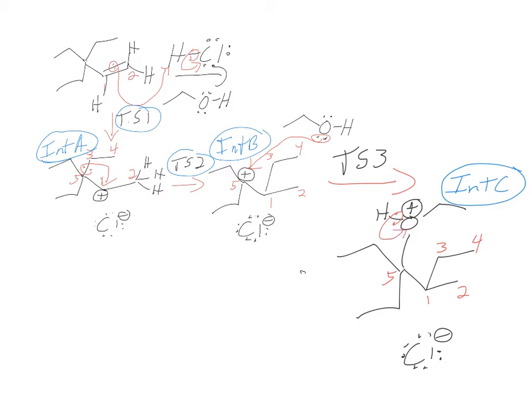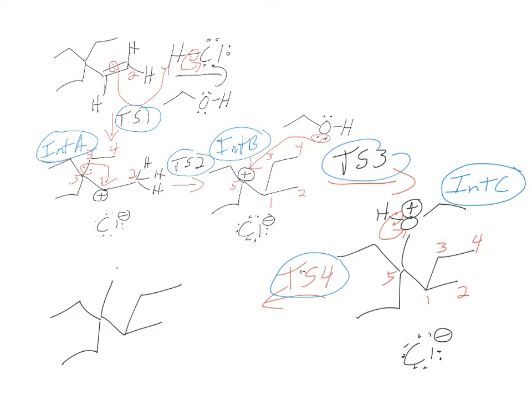Take the electrons. Another transition state. We broke or made a bond. Transition state 4. What have we made? What's our final product? What kind of functional group did we just make? We made an ether. And we made H+.